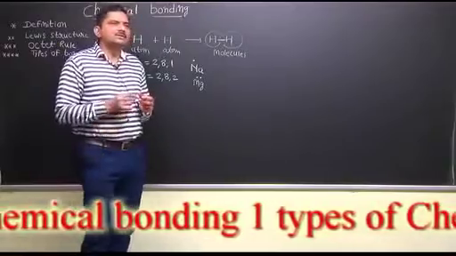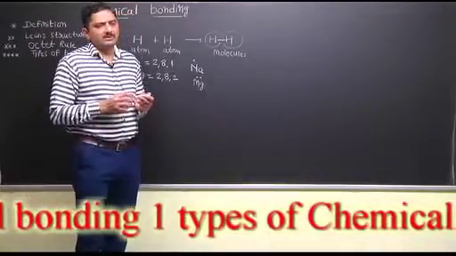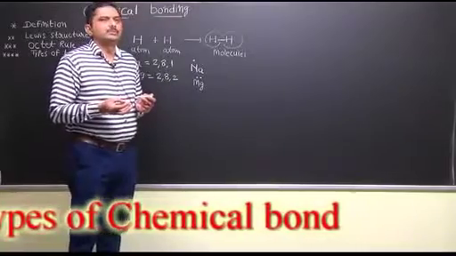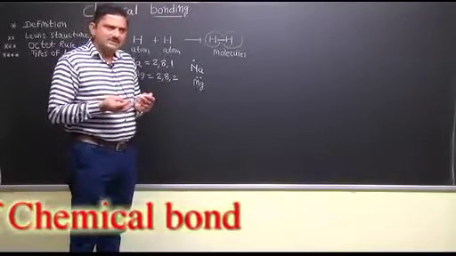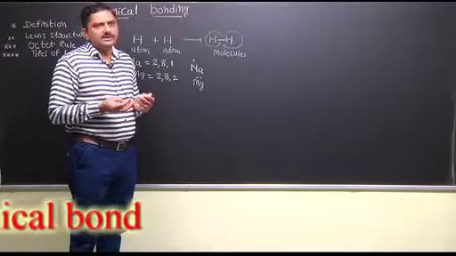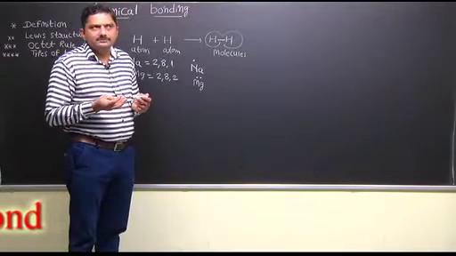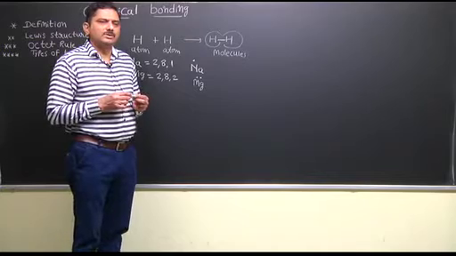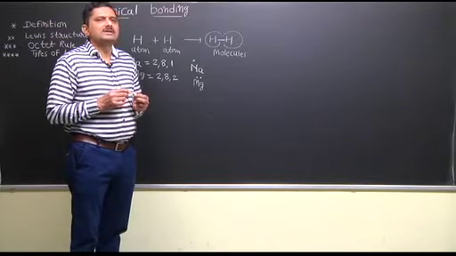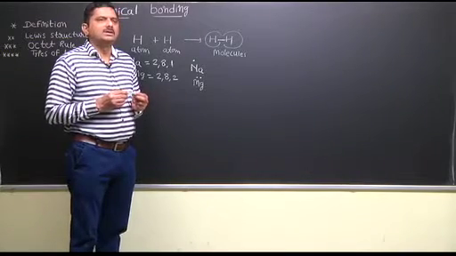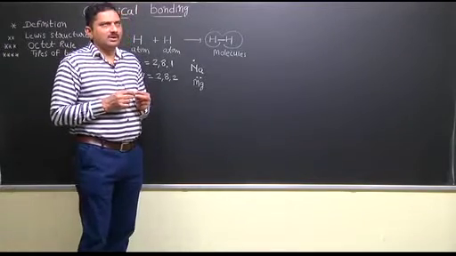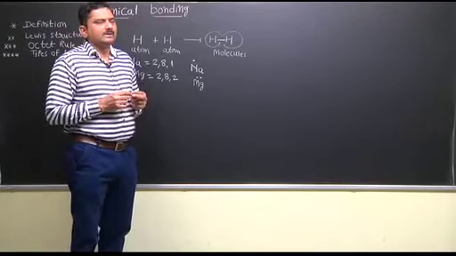This is done by number 1, donating electrons, number 2, gaining electrons, and number 3, sharing of electrons. Each element wants a stable electronic configuration like inert gases, meaning 8 electrons in their outermost orbit, which is called the octet rule.